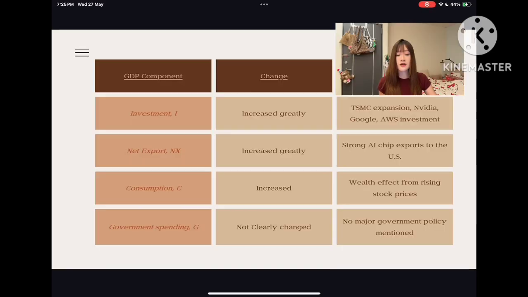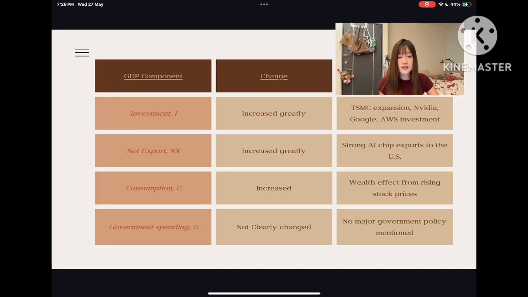First, the most significant increase is in investment. Investment increased greatly because many companies expanded their operations in Taiwan. For example, foreign companies such as Nvidia, Google, and Amazon AWS invested in headquarters, research and development centers, and data centers.